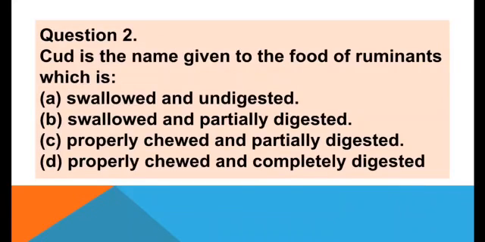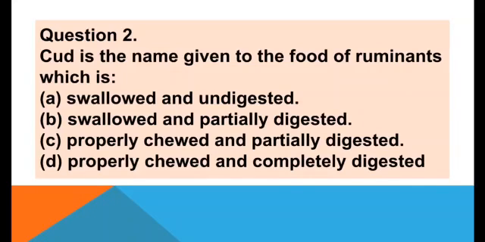Cud is the name given to the food of a ruminant which is: option A swallowed and undigested, option B swallowed and partially digested, option C properly chewed and partially digested, and option D properly chewed and completely digested. In the ruminant section, we had a discussion about the whole process of the ruminants.